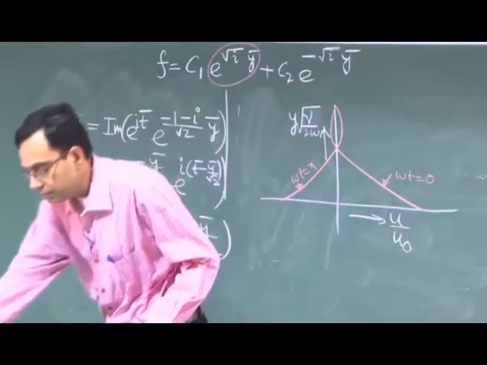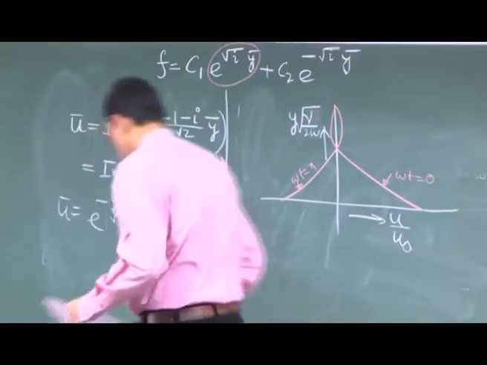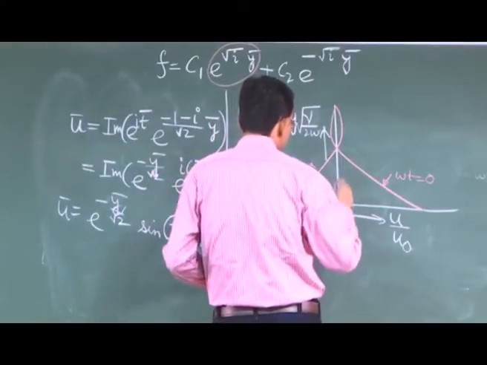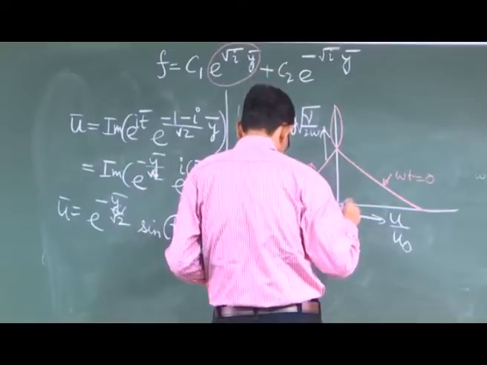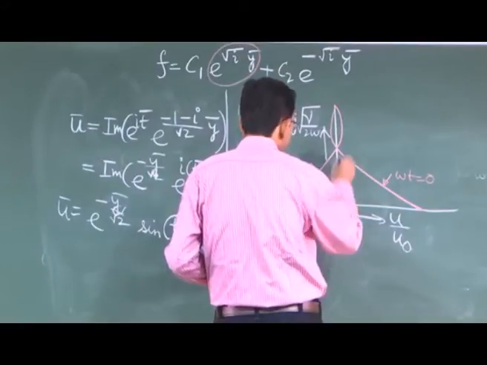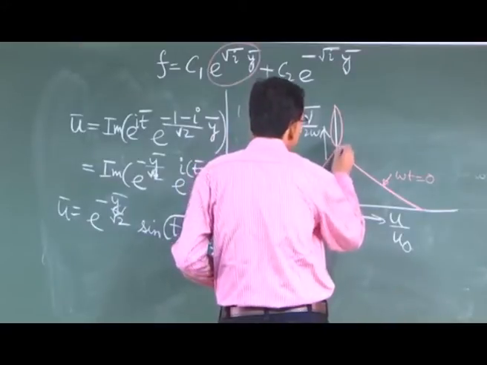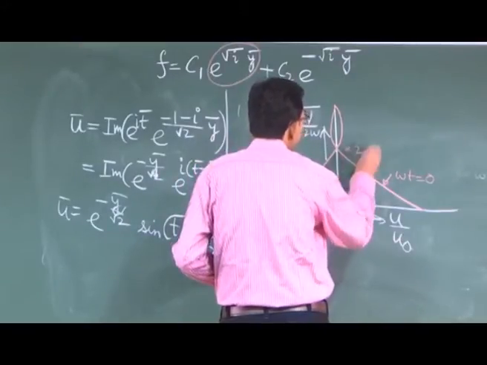Then let me use a different color. We can plot. So, this value where these two intersect, this is very close to 2.